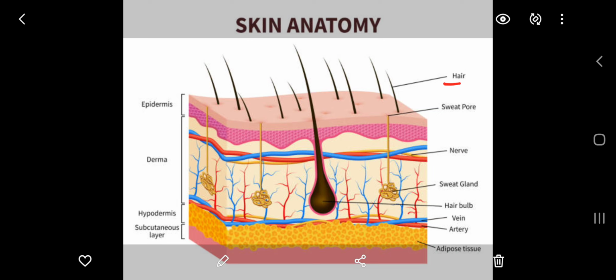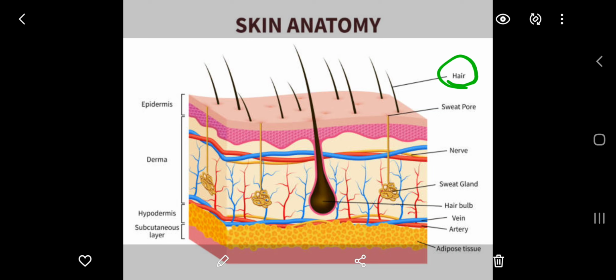First, the hair. As you know, hair is a very important part of the body, as it helps in thermoregulation. How? Let me explain. Do you know that when hair stands straight, also known as goosebumps, they trap air in between them. As air is a bad conductor of heat, we retain our heat.